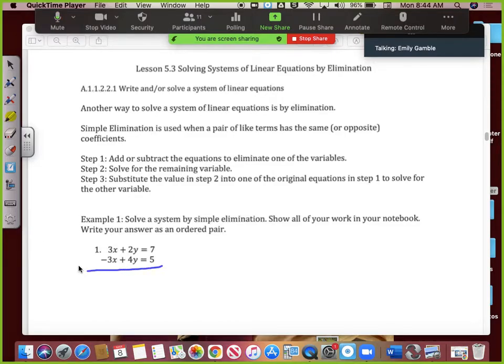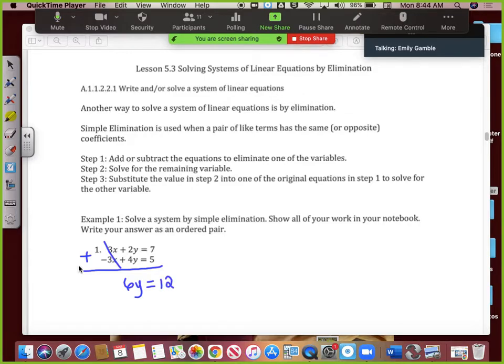I'm going to add these two equations together, because if I do, one of the variables will eliminate. If I take 3x and add negative 3x to that, these two terms will cancel out because 3 plus negative 3 equals 0. So the variable x will eliminate. Then I can add 2y plus 4y, that's 6y, equals 7 plus 5, which is 12.